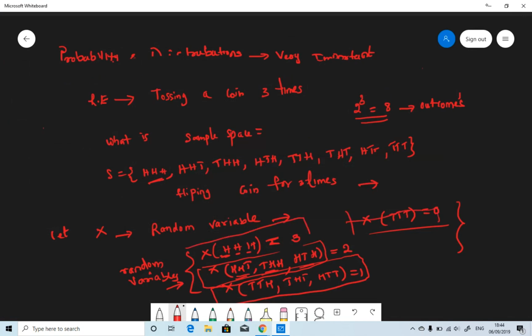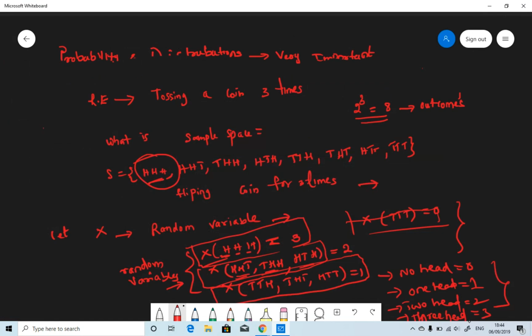These are the three-heads possibilities in one time, right? So here what can we write? No head equals 0. One head equals 1. Two heads equals 2. Three heads equals 3. Hope this is clear.